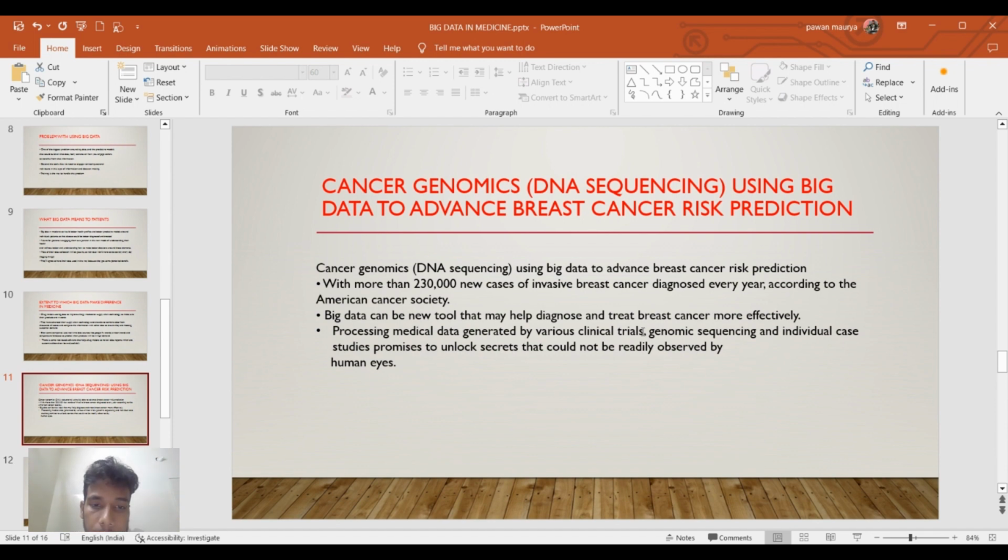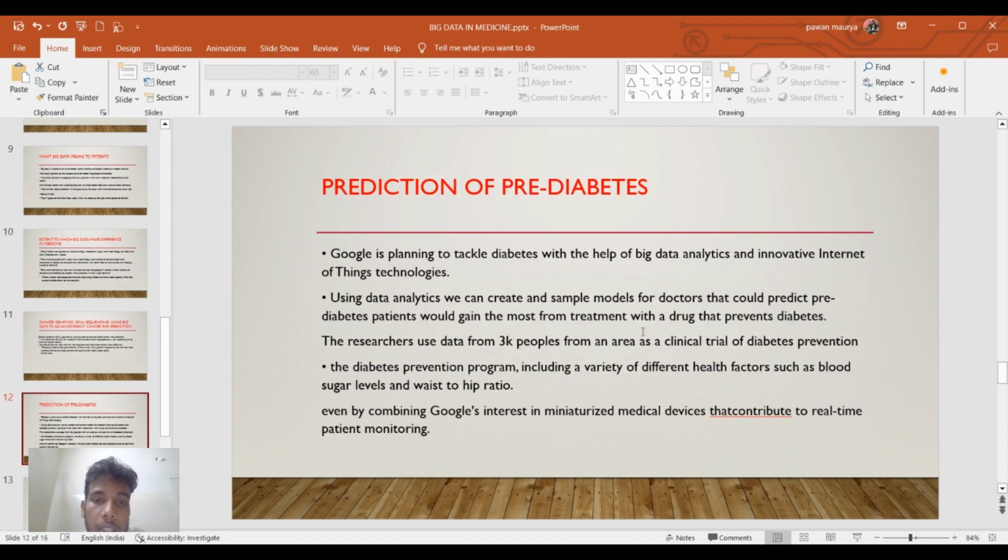With more than 230,000 new cases of invasive breast cancer diagnosed every year, according to the American Cancer Society, big data can provide new tools that may help diagnose and treat breast cancer more effectively. Processing medical data generated by various clinical trials, genomic sequencing, and individual case studies promises to unlock secrets that could not be readily observed by human eyes.